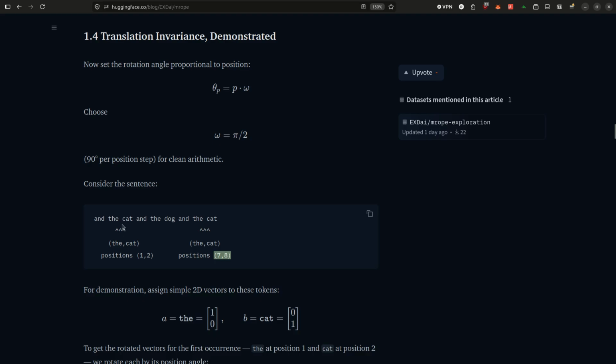So when we do the dot product for the positionally embedded cat and the positionally embedded the here, and the positionally embedded the and the positionally embedded cat there, which are different vectors entirely, their relationship should still be the same. We want the relationship to be maintained.